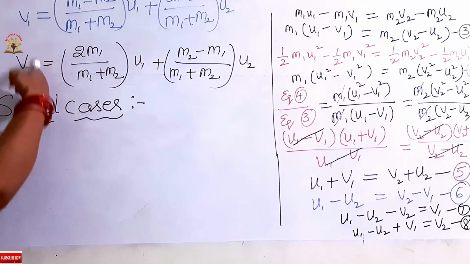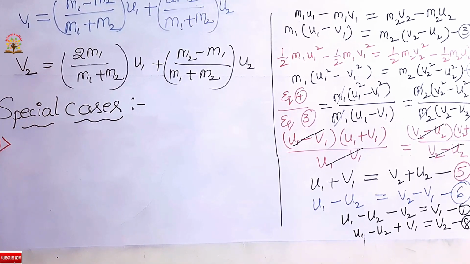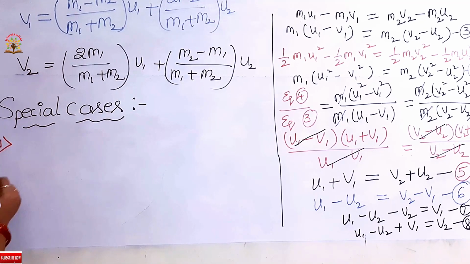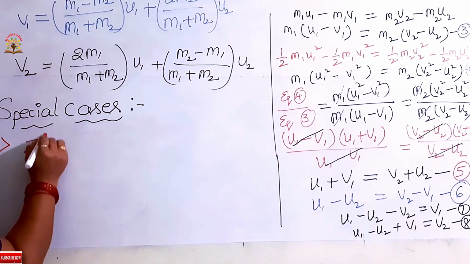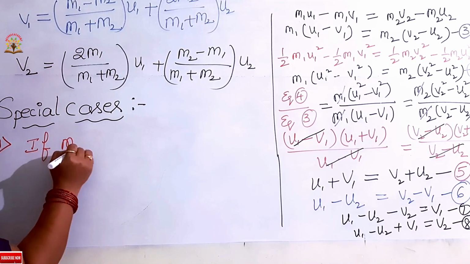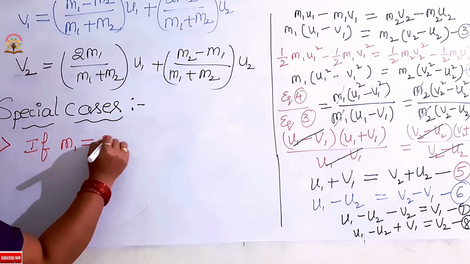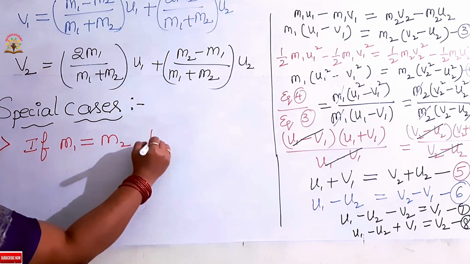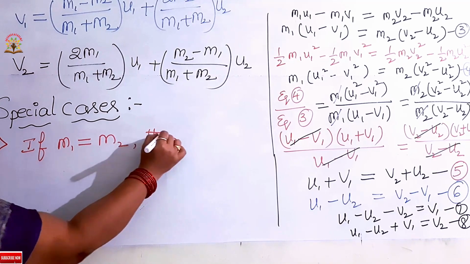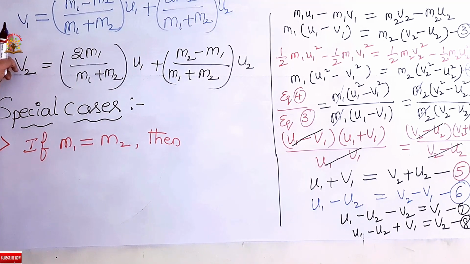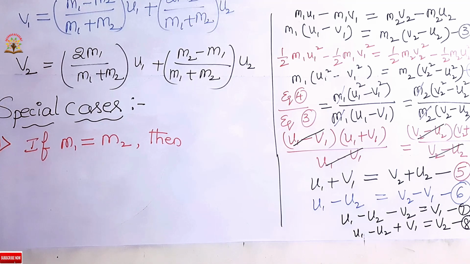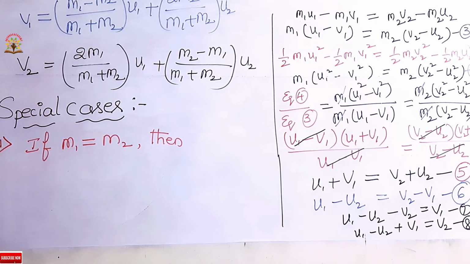Please remember these two formulas, V1 and V2. First case, if M1 is equal to M2, then what is V1 and what is V2? Now we are writing.